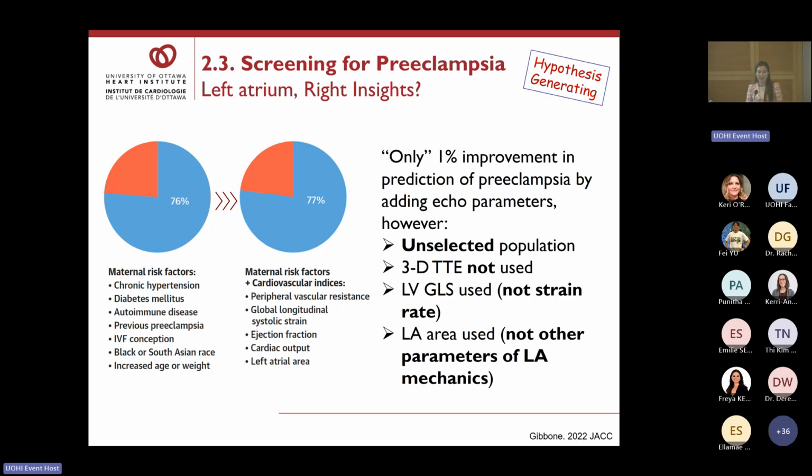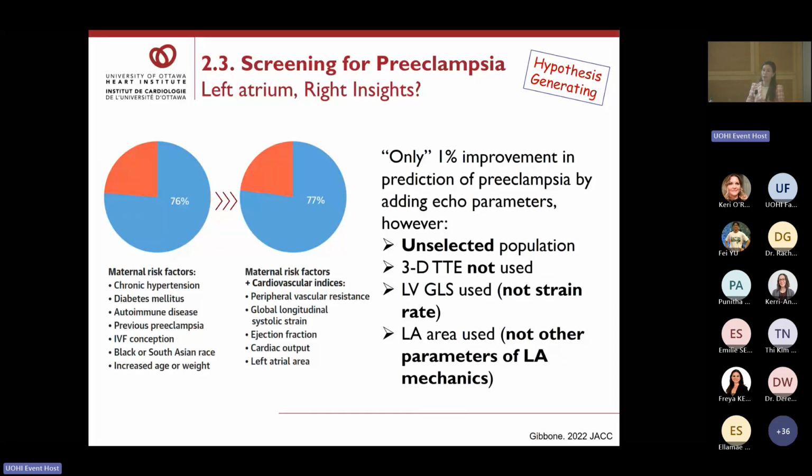When they added routine echo to this score, looking at things like GLS, EF, cardiac output, and left atrial area, they improved their prediction by 1%. So the authors concluded that this is only 1%, not really worthwhile, but I actually disagree with that. This was done in an unselected population.